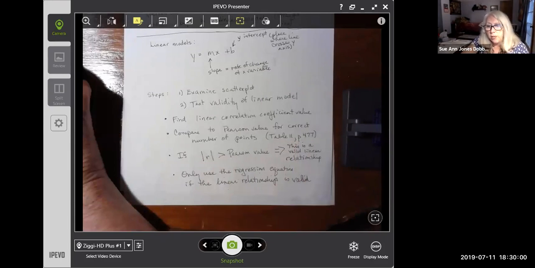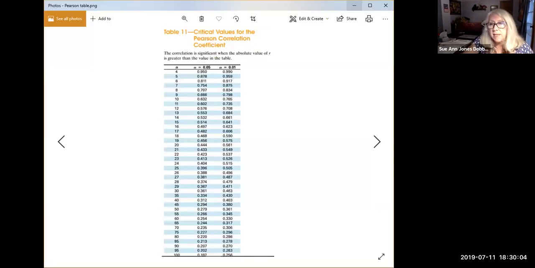So when you are making the comparison, you take the absolute value of the correlation coefficient, which means the number without any regard for sign, okay, the absolute value, and then you count how many data points you have and what significance level you're working on.